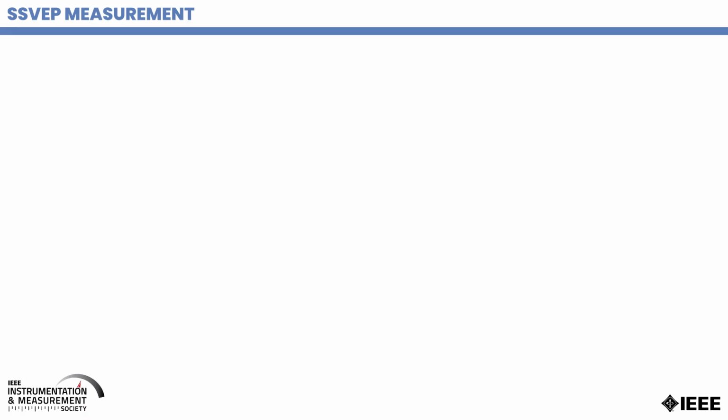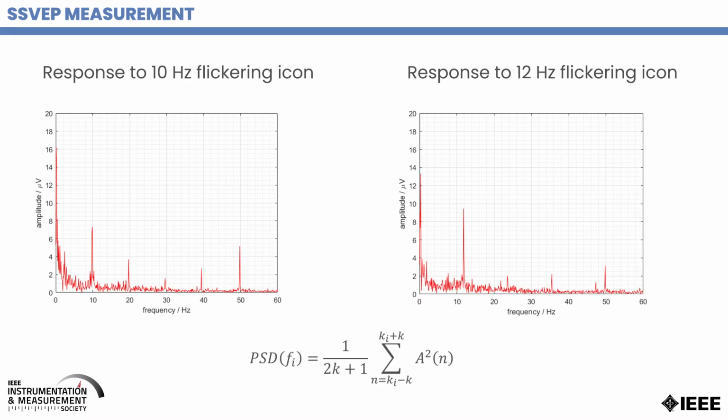So we did this kind of system, we prototyped it, we experimented it on 20 subjects, and after that we also went deeper into the measurement, because we said, okay, what we can do, in a simple way, at least as a first approach, was to use a Fourier transform and consider the amplitude spectra of the occipital brain signal, and calculate the power spectral densities around the frequencies of interest.